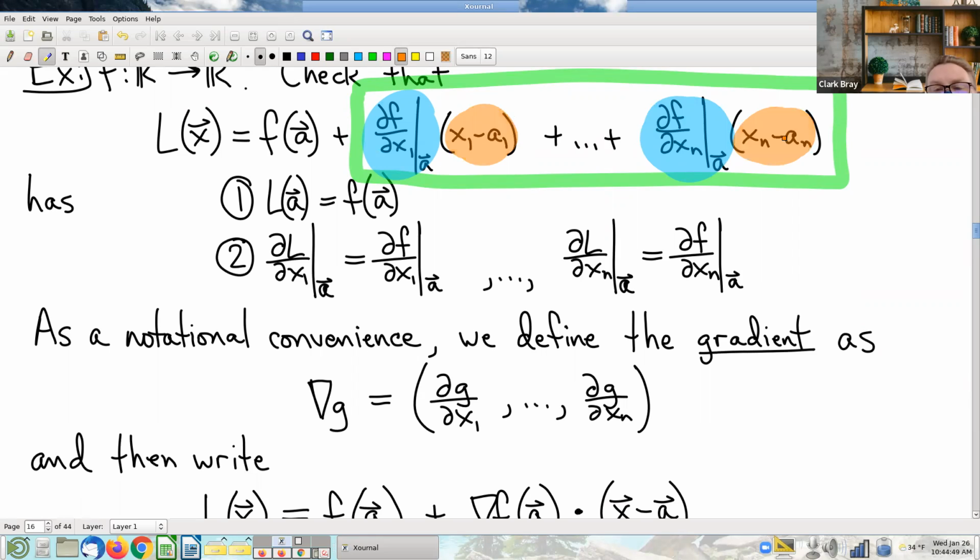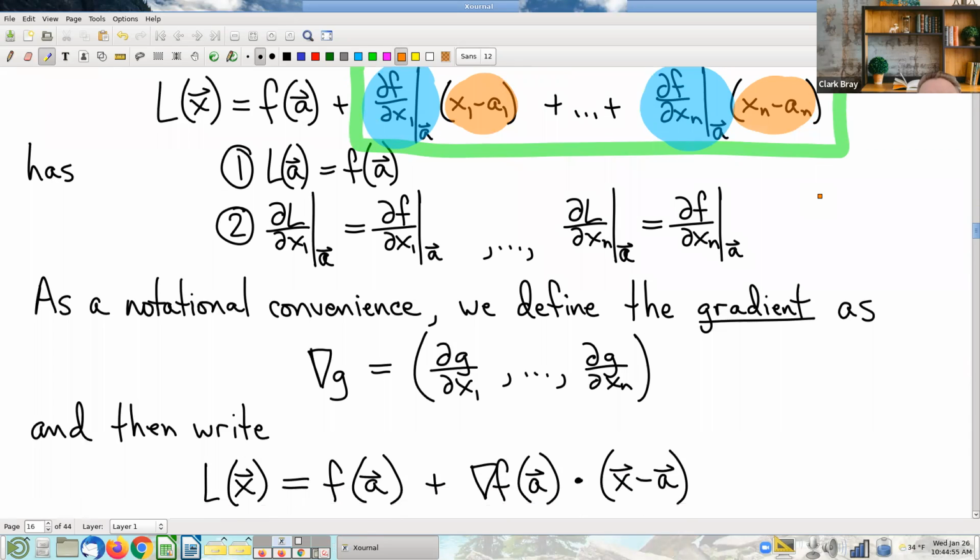Structurally, it looks like a dot product. The right-hand side of that dot product are literally the coordinates of the vector x minus the vector a. It's your displacement vector. It's your input differential, you might call it.